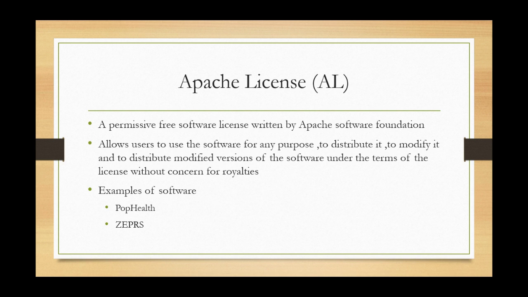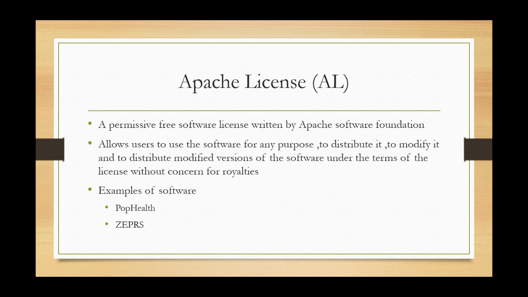Apache license is a permissive free software license. It is written by the Apache Software Foundation. It allows use of the software for any purpose. It allows it to be distributed. It allows for modifications.